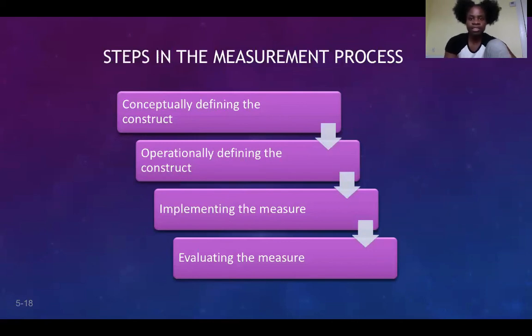So our third step in the measurement process is actually implementing the measure, okay? While implementing a measure, it is best to remember the following. Ideally, everyone should be tested under similar conditions. Disagreeable participants may intentionally respond in ways that cause problems in the study.